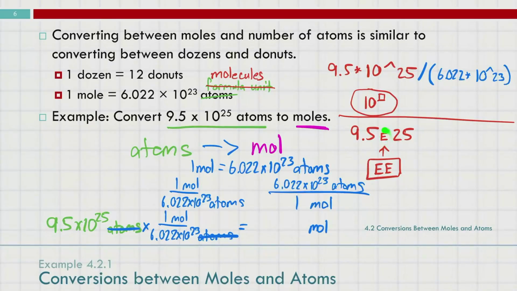And this small capital E tells your calculator times 10 raised to the power of whatever comes after it. So it's the same as doing this times 10 raised to the power of, just compressed down. And then we would do the same thing, 6.022, use that little capital E, 23, and this will get you the correct answer.